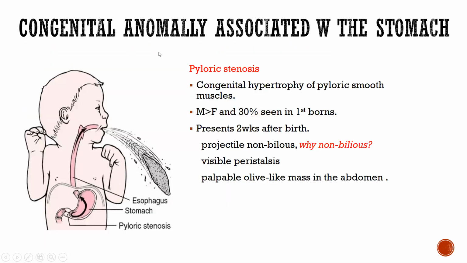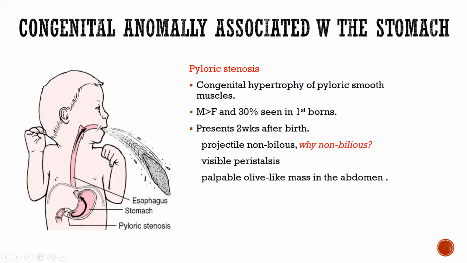Going to the congenital anomalies. I specifically wanted this one because I think it is associated with the stomach rather than the abdominal wall. This one is pyloric stenosis. What happens here is a congenital hypertrophy of the pyloric smooth muscles.